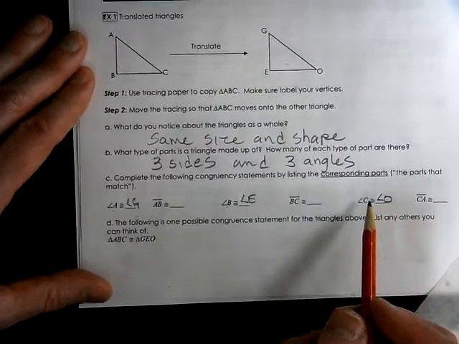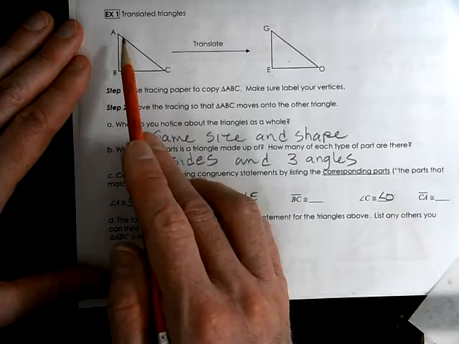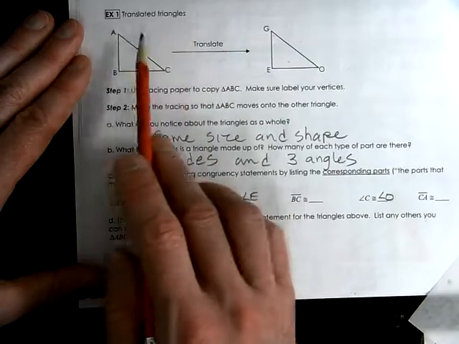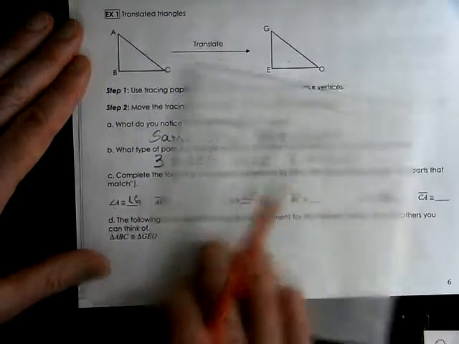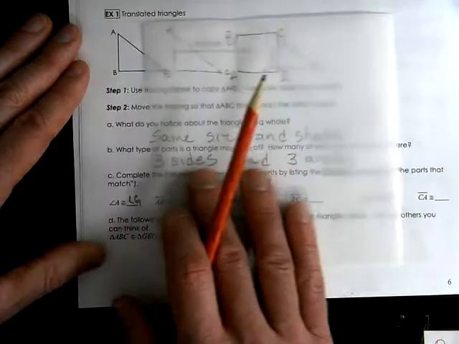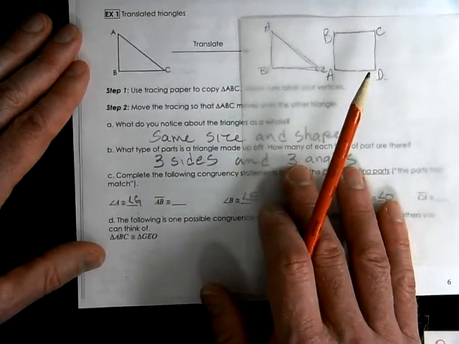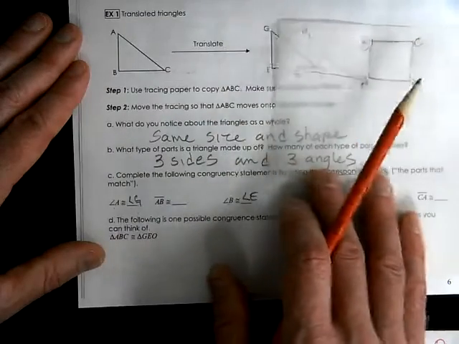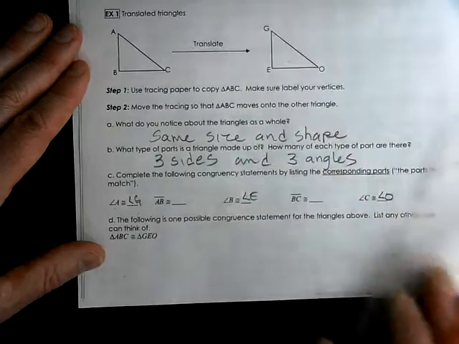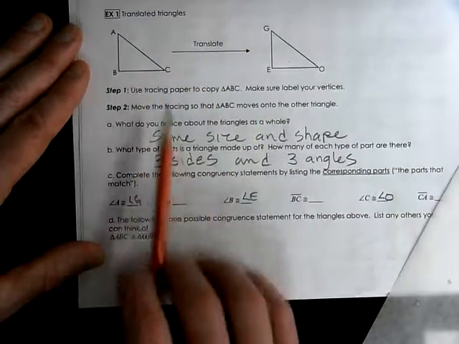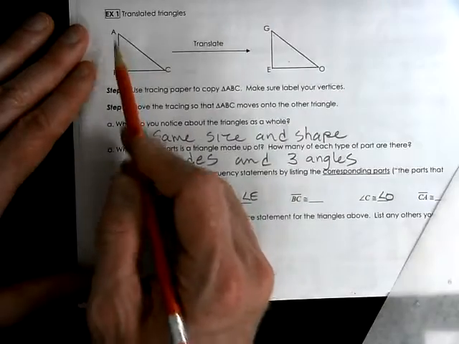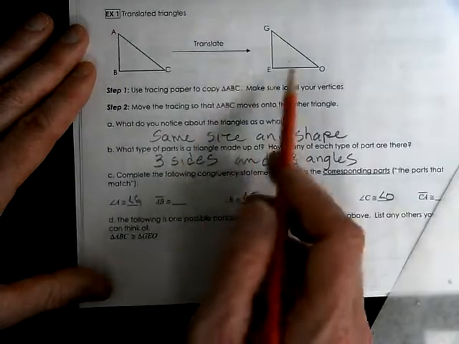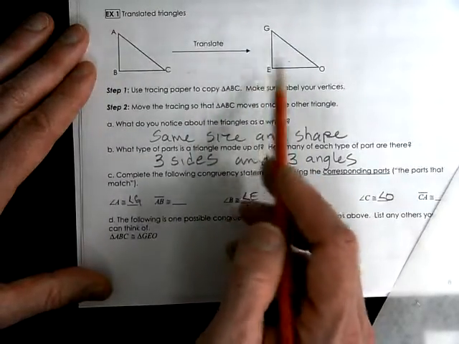What we call those are corresponding parts. A was congruent to its corresponding part. When it slid over, what did A map onto? So when I use my tracing paper and we slide it over, the A mapped onto the G. The B mapped onto the E. So those would be considered corresponding parts. Segment AB, this left side of the triangle, is congruent with what segment in this triangle?